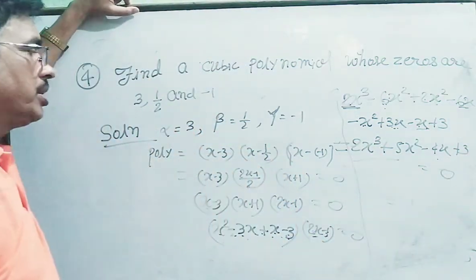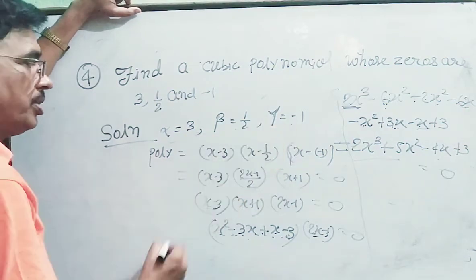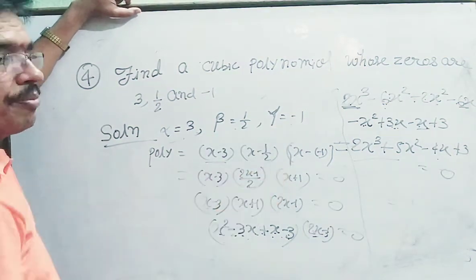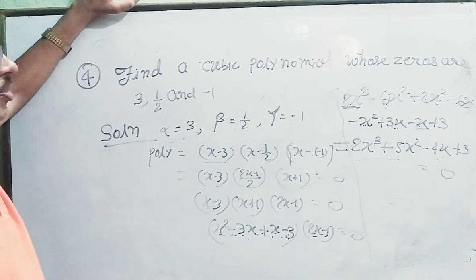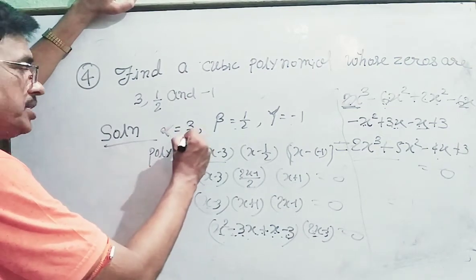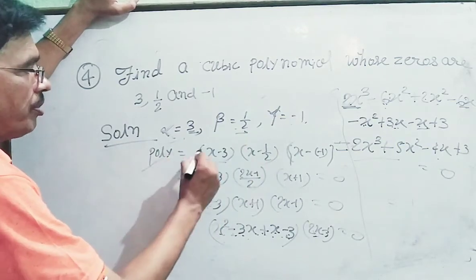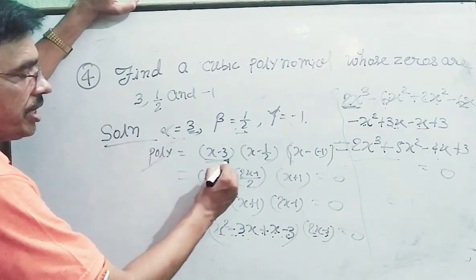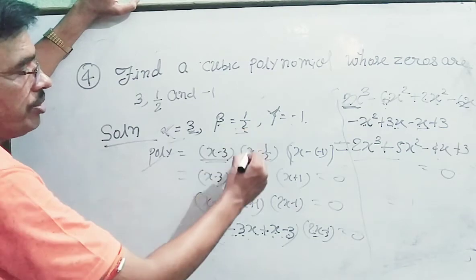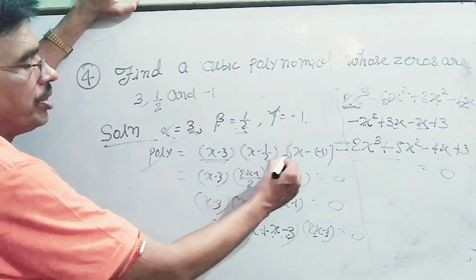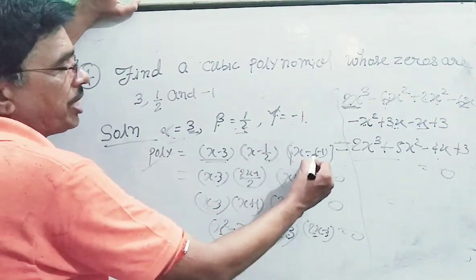So dear student, if the zeros are given, then multiply their factors and you get the polynomial. If alpha is 3, beta is 1 by 2 and gamma is minus 1, then the polynomial is: if alpha is 3, then the factor is x minus 3. Beta is 1 by 2, then the factor is x minus 1 by 2. And gamma is minus 1, then x minus of minus 1.